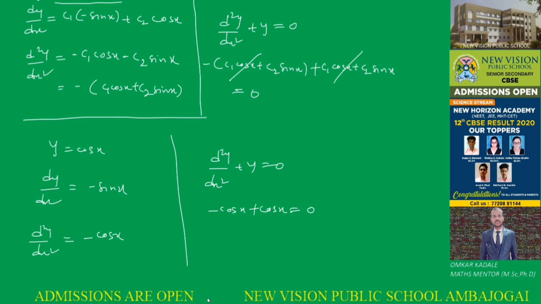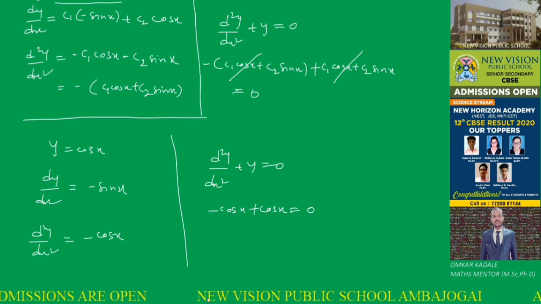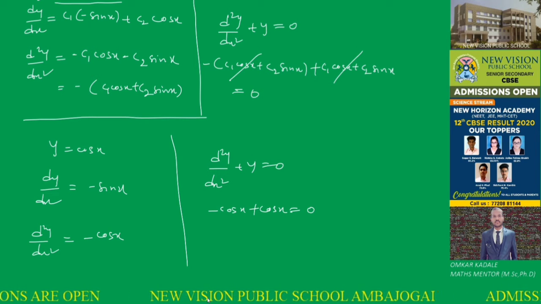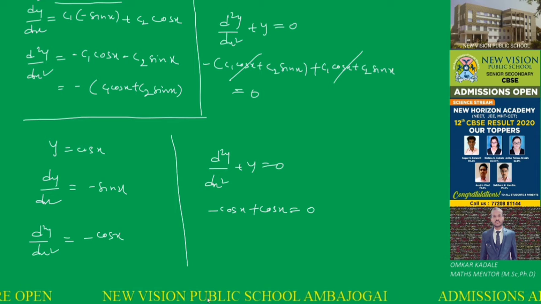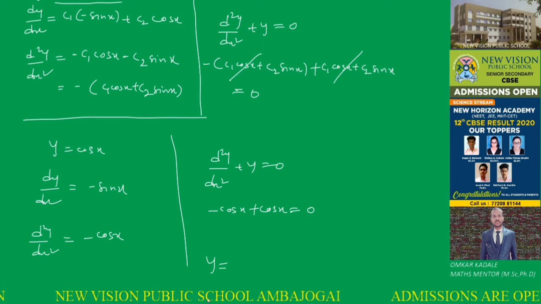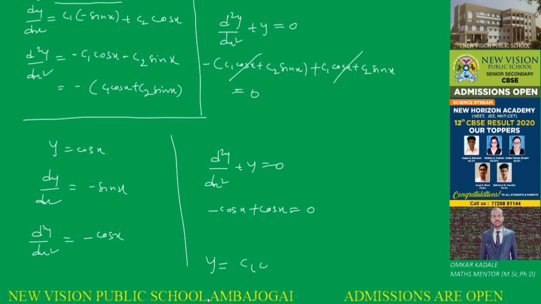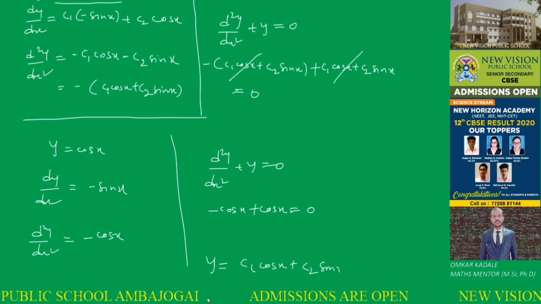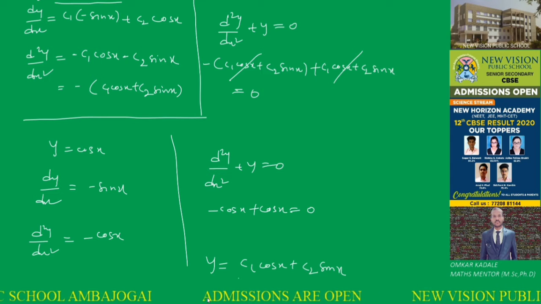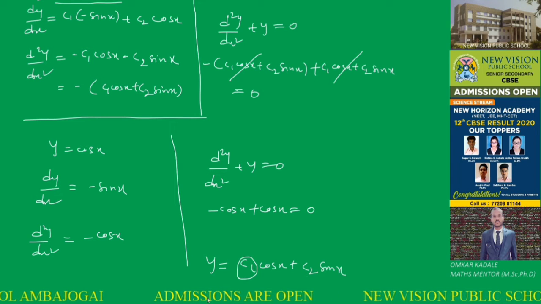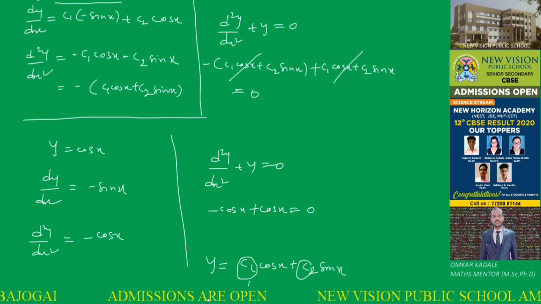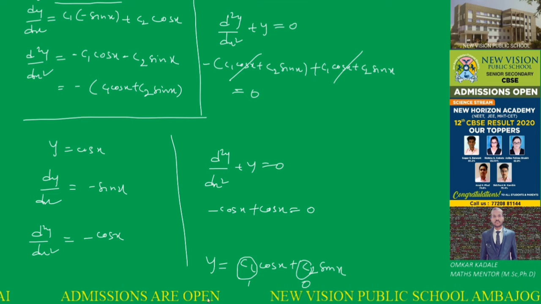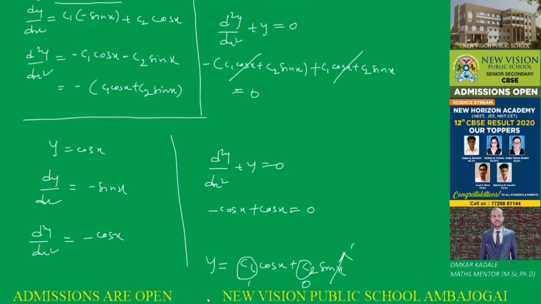So here, the value of c1 is 1. Usually the value of y is y equals c1 cos x plus c2 sin x, but we are taking c1 equals 1 and c2 equals 0. So this term becomes 0 totally.